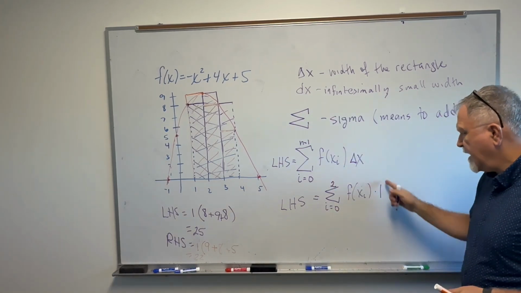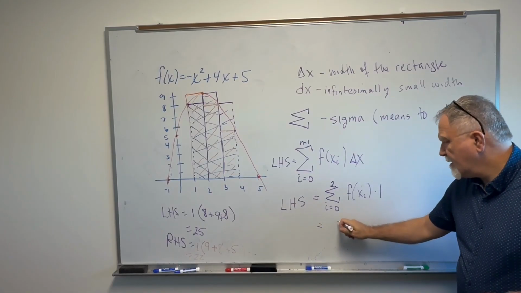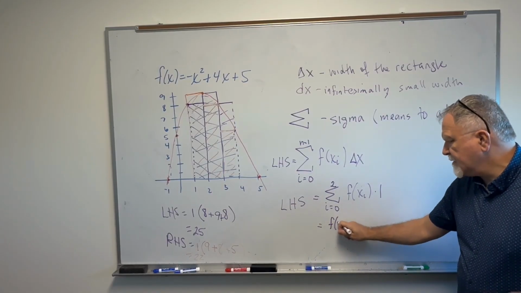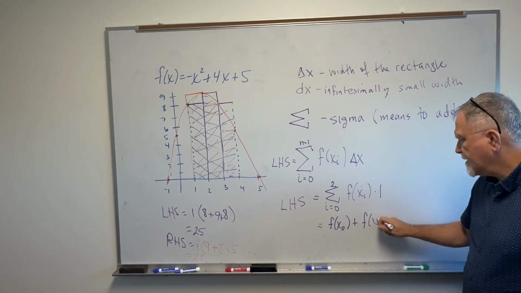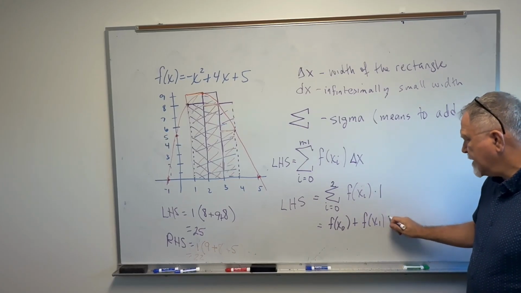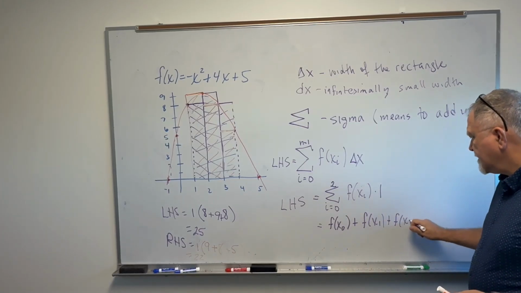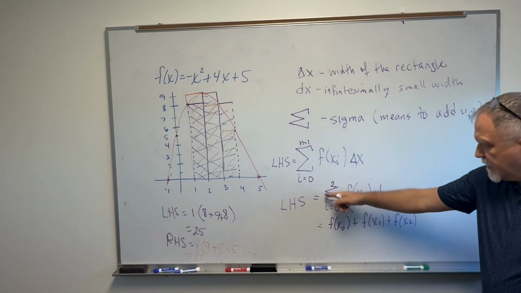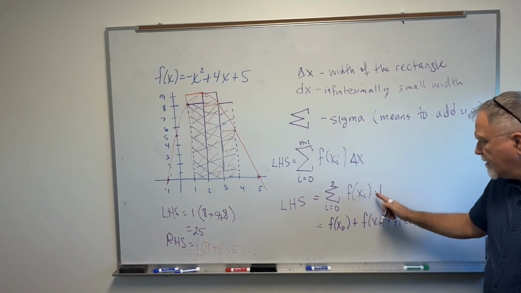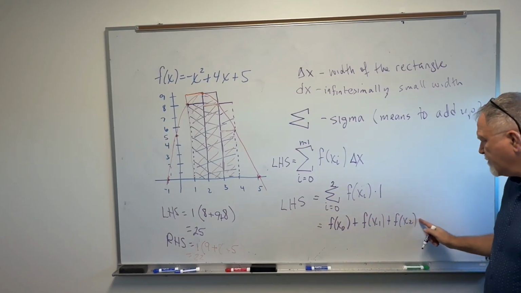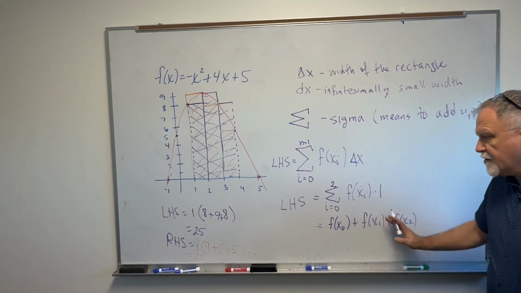So this notation means f of x sub 0 plus f of x sub 1 plus f of x sub 2. That's what this notation tells me, and each of those are being multiplied by the 1. So times 1, times 1, times 1. So that's what that notation means.